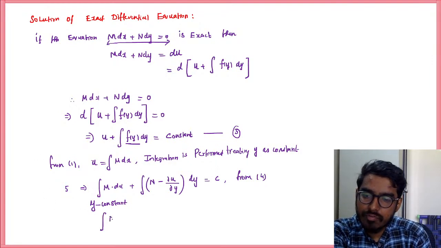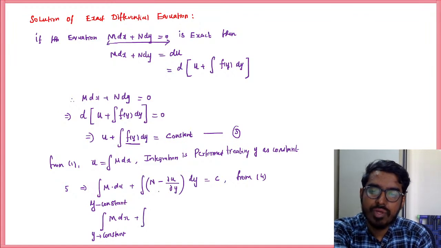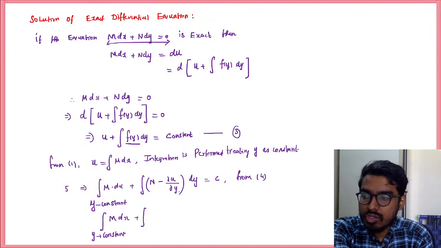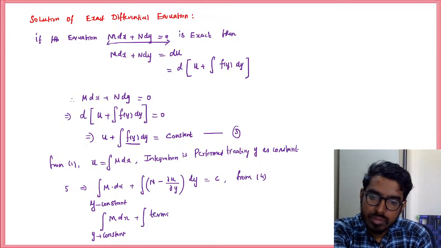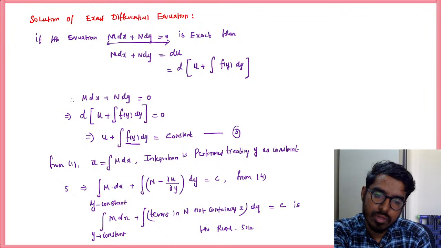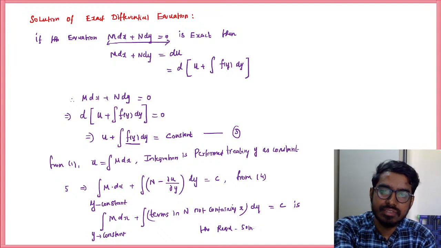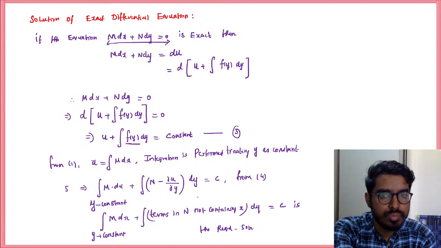So we have integration of M dx, performed treating y as constant, plus integration of N minus dou u by dou y, which turns out to be terms in N not containing x, into dy is equal to c, which is the required solution. That's it. N minus dou u by dou y will turn out to be terms in N not containing x. I'll do the problem, then it will be easy for you.